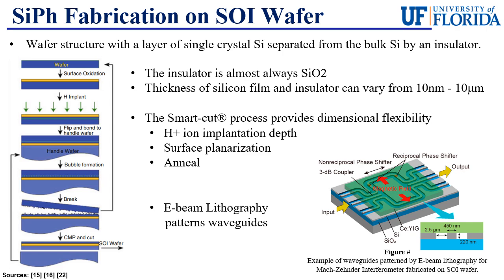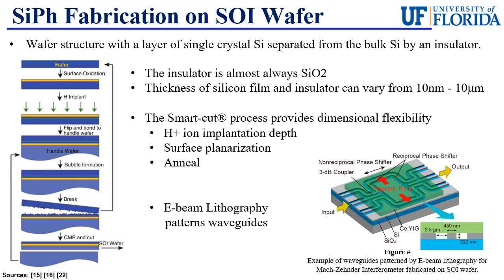Now, the smart cut process is a common process used to create silicon on insulator wafers and allows layer thicknesses to be carefully controlled. It starts with a regular high purity silicon wafer, which goes through a surface oxidation process that controls the thickness of the insulator layer. Hydrogen atoms are then implanted beneath the oxide layer to a depth that roughly determines the thickness of the top silicon film.